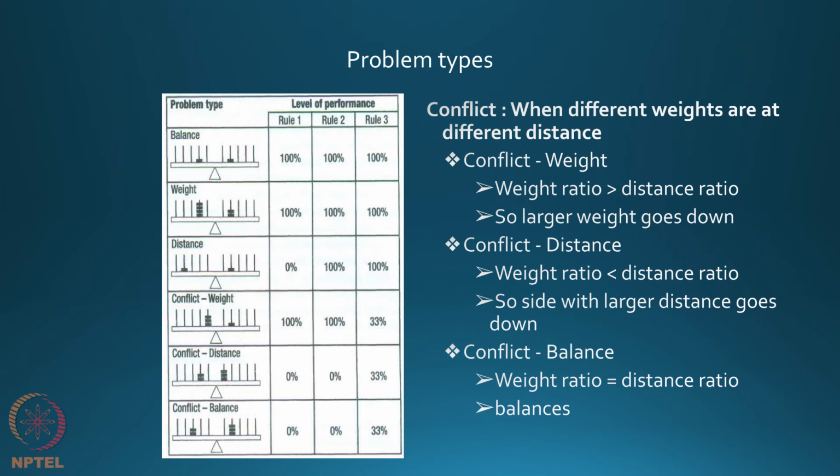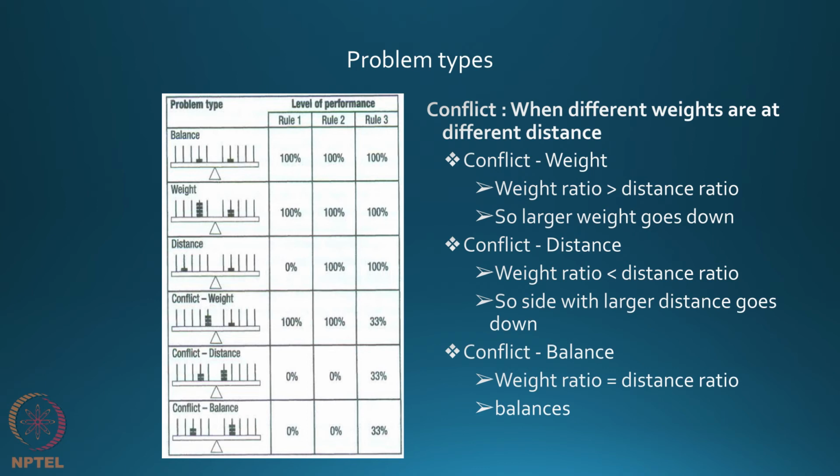And then in the conflict balance case, the weight ratio is equal to the distance ratio, which means the balance will be in a balanced condition. For all these 6 cases, if you apply the various rules, you can see what kind of performance you will get. If you apply rule 1 to the balance case, since it is totally balanced and rule 1 simply goes by weight, you will end up being correct.